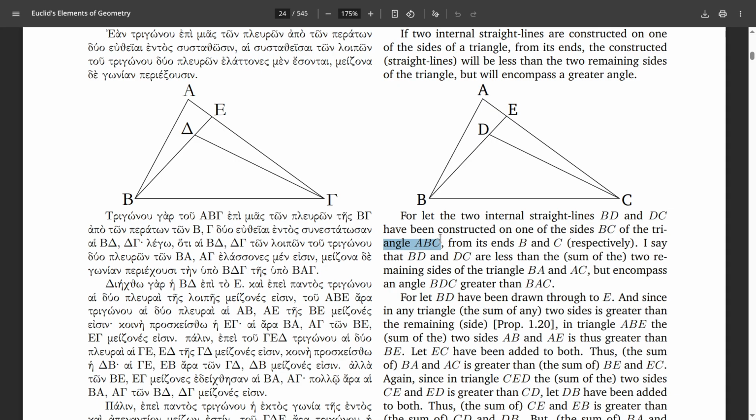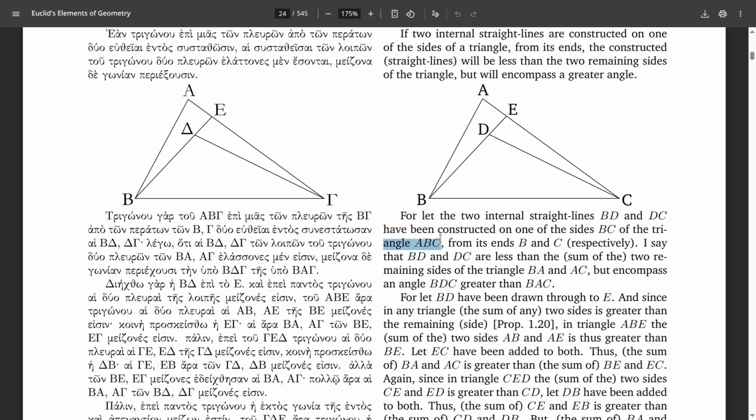Let's mark it down: A, B, C. Then, from its ends, B and C respectively, I say that BD and DC. So I think I just pick a point that seems kind of close to AC, right? I don't think there's anything that crazy about it.